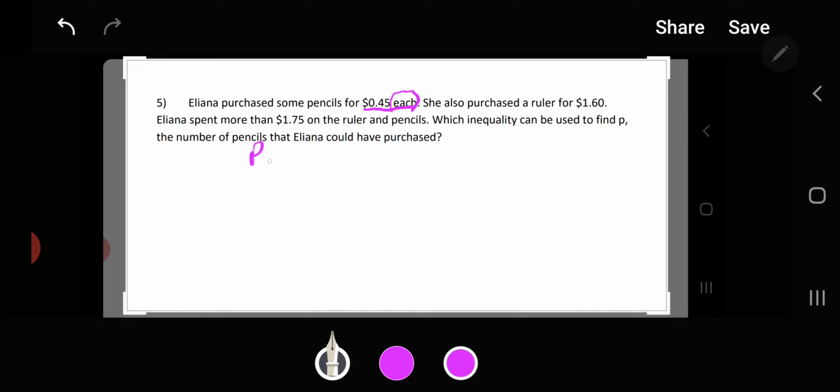So once again, P is representing the number of pencils. We need to write an inequality that can represent this situation. So Eliana purchased some pencils, so we need number of pencils plus ruler, and she spent more than, so we need this to be greater than, because she spent more than, not at least, not equal to.